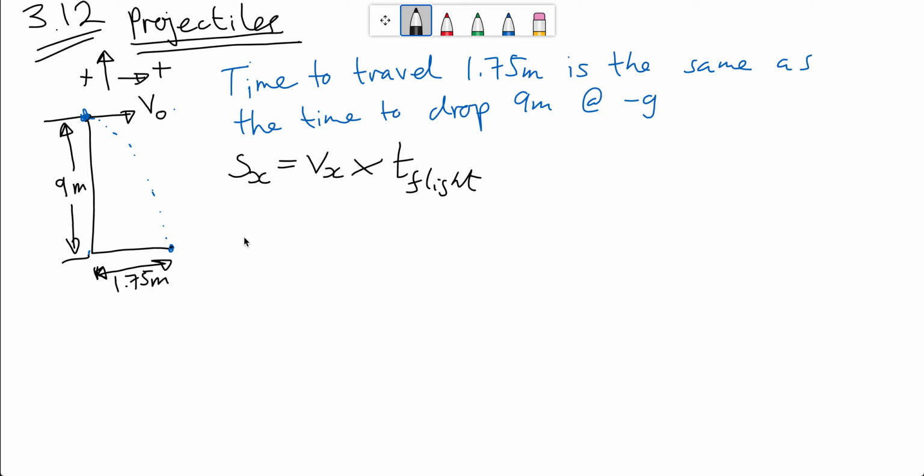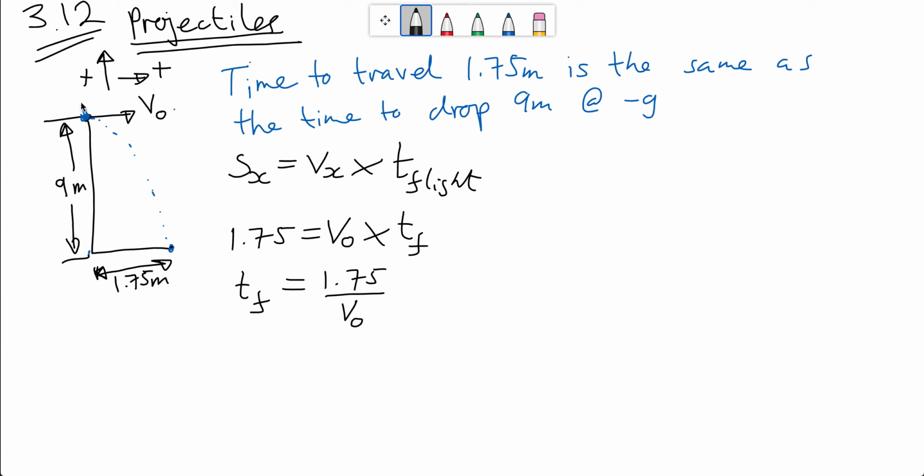The distance is 1.75. The velocity is v0, and it stays like that because there's no acceleration horizontally. So if I rearrange that, the time of flight is 1.75 divided by v0.